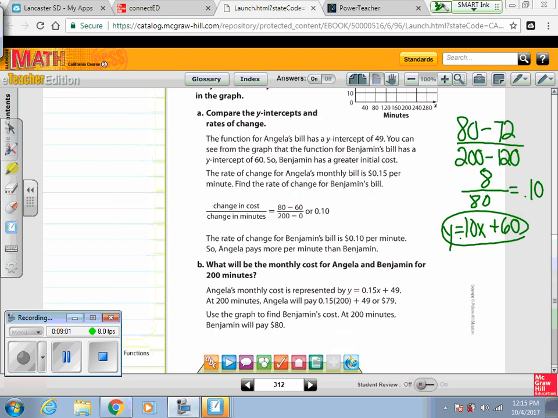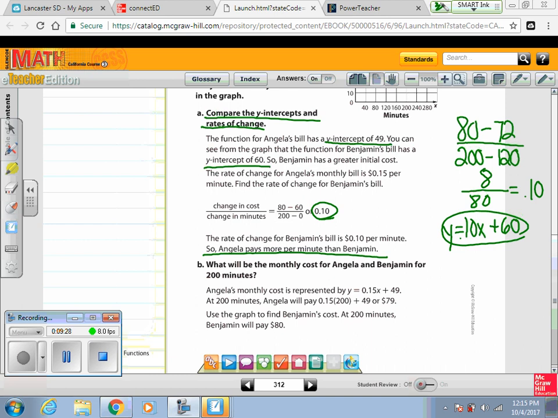All right, so the rate of change is 10 cents per minute for Ben, and Angela is paying more per minute. That is the comparison of the rates of change. Okay? And of course, Angela's y-intercept is 49 and Ben's is 60.